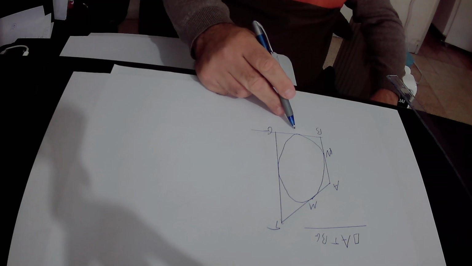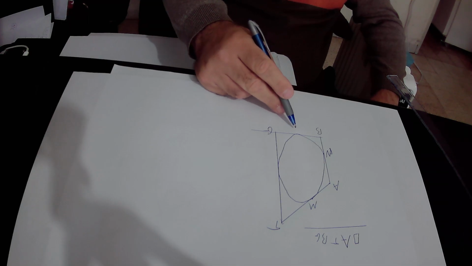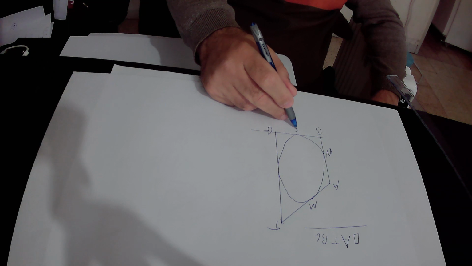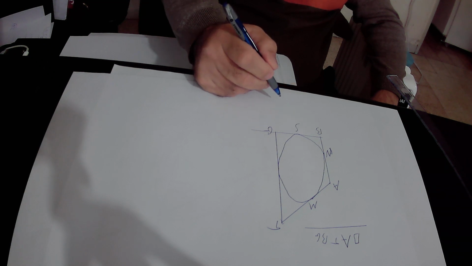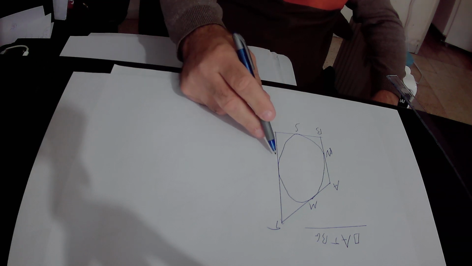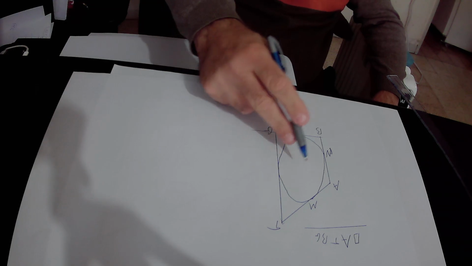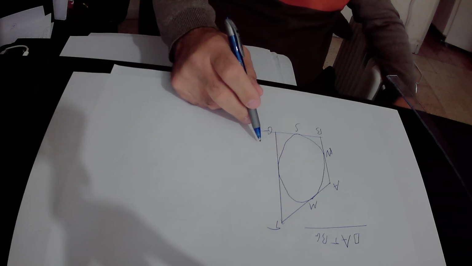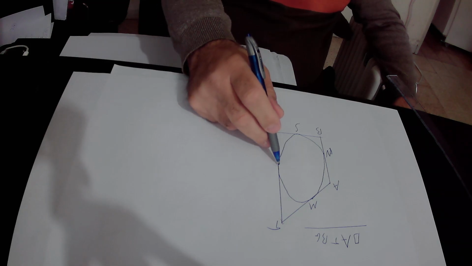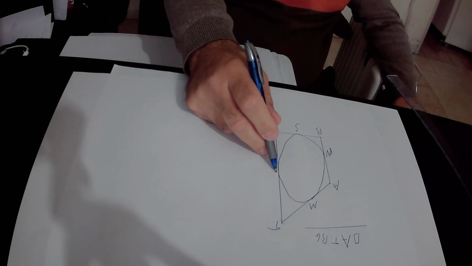We define this point as S. And finally, this is the fourth point of tangency between the circle and the quadrilateral. We define this point as L.